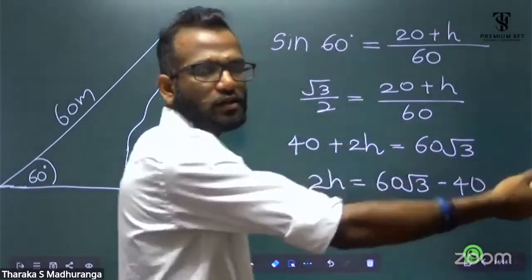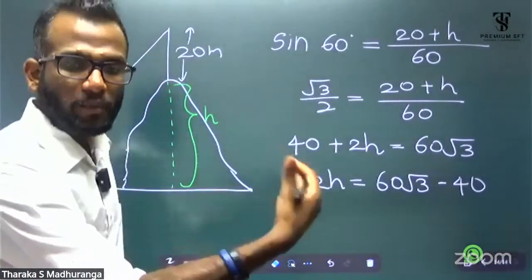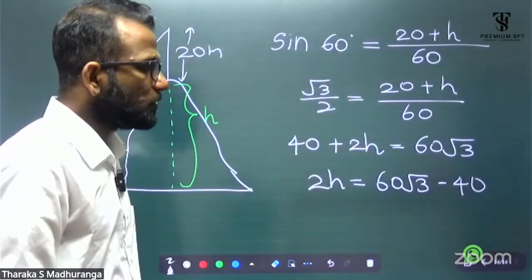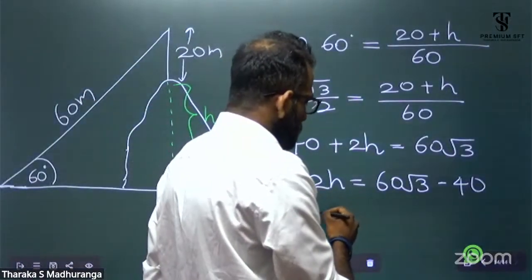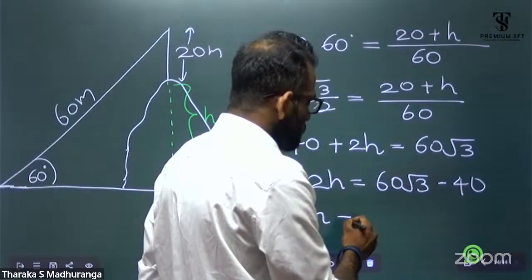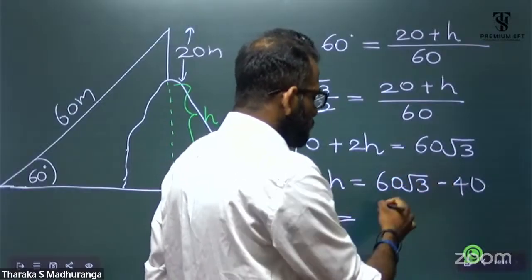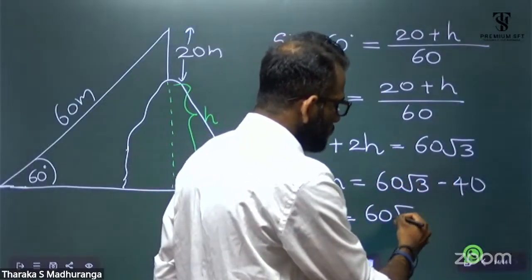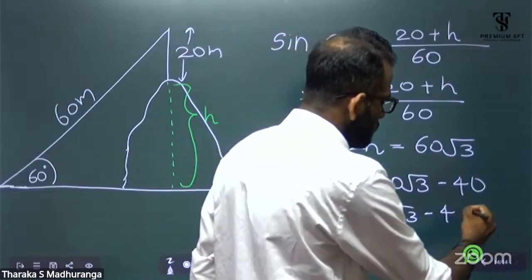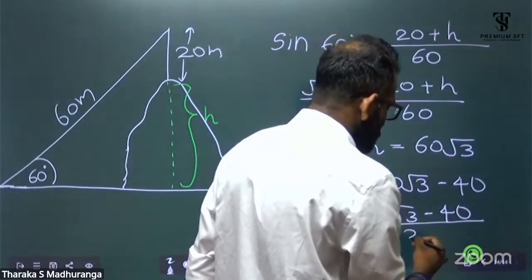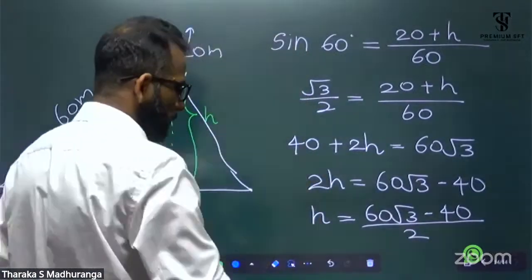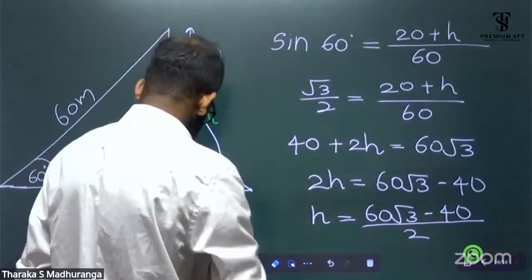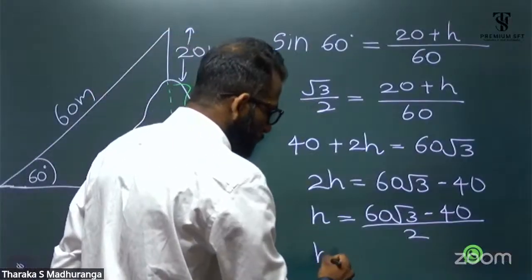This 40 gets to the right side and is converted into minus. Now h equals, you have to use a calculator, 60 root 3 minus 40 divided by 2. Okay, this is the height.